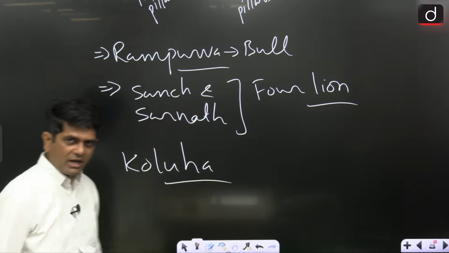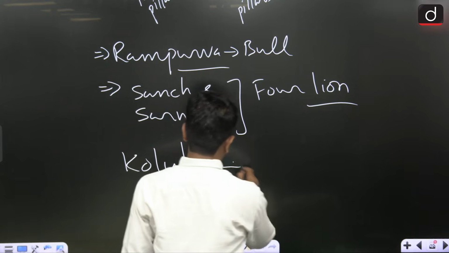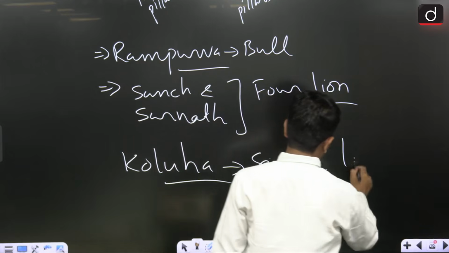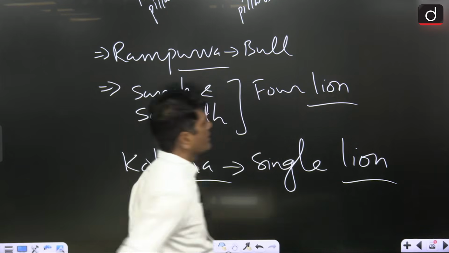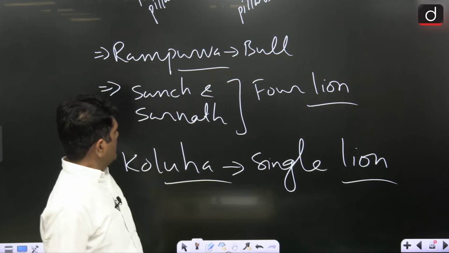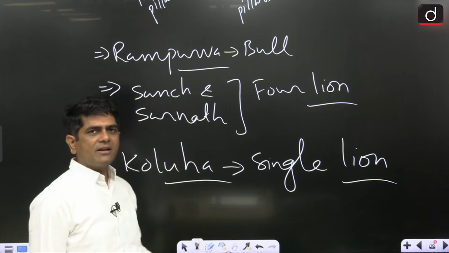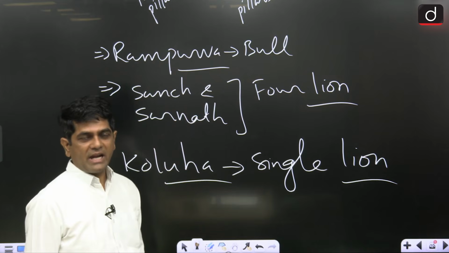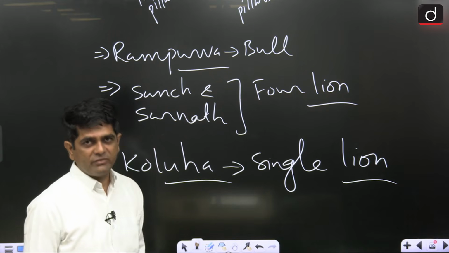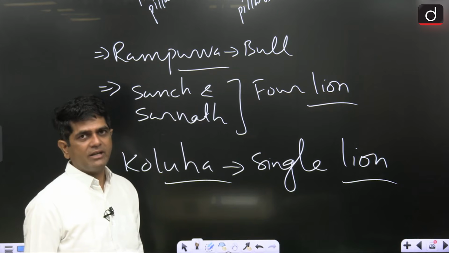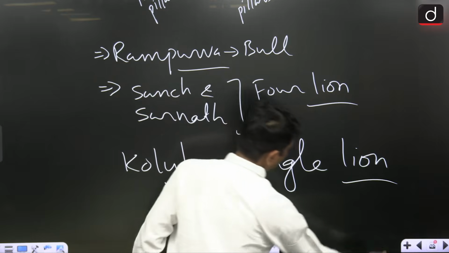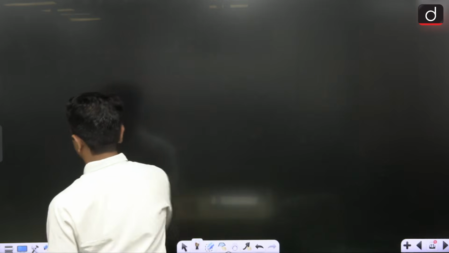It is in North Bihar. And here at the top of the pillar we have the single lion. The Sarnath lion capital, you might be aware, has been adopted as the national emblem of India on 26th of January 1950. National emblem of India, lion capital.